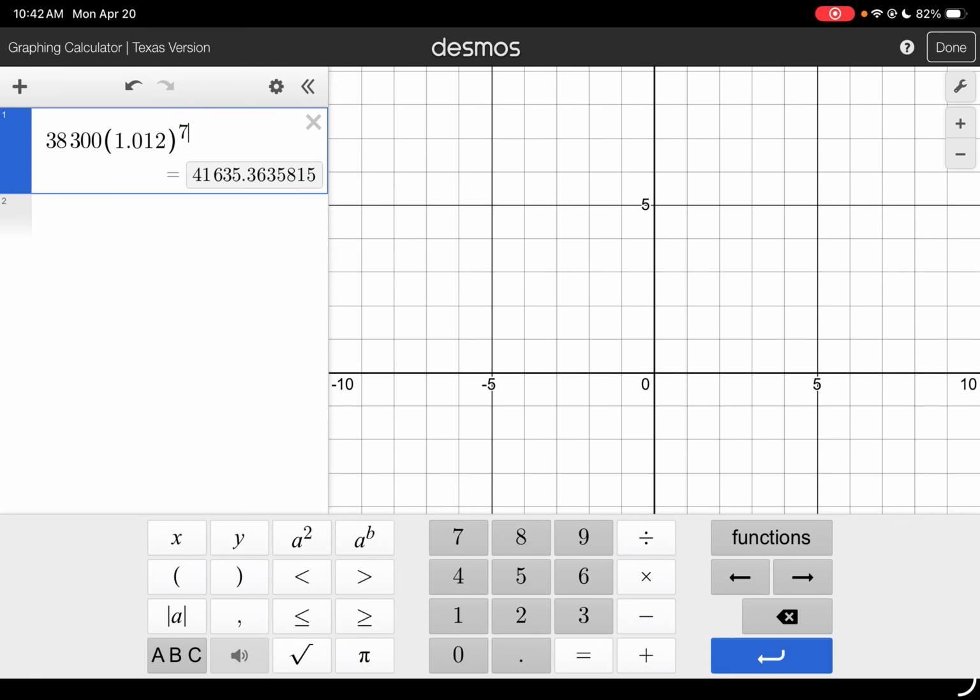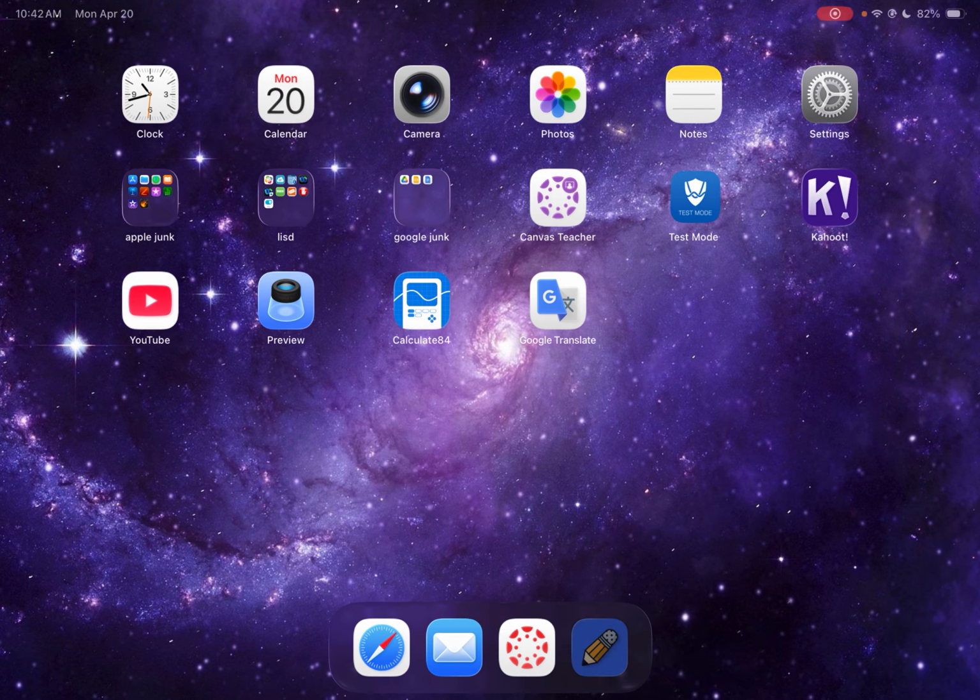So that's going to be 41,635. We are talking about population of a town, which is people. Because it is population, we want to round to the nearest whole number. So it's going to be 41,635.